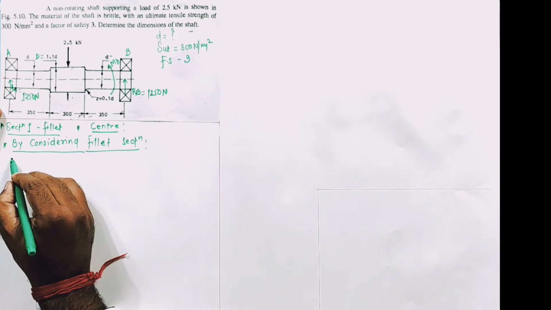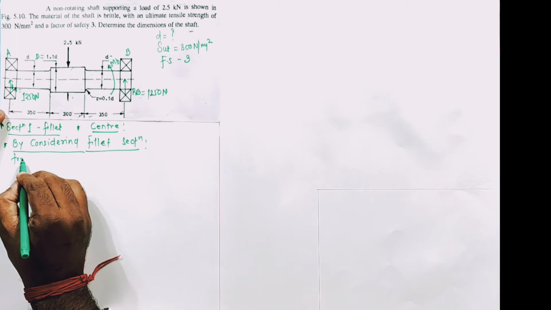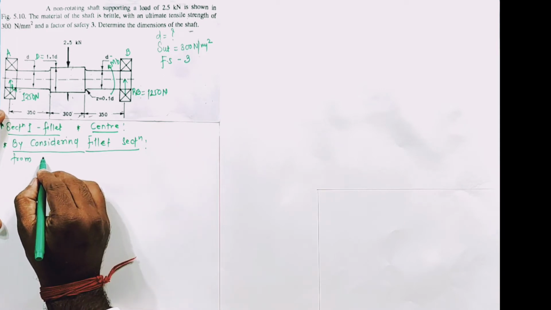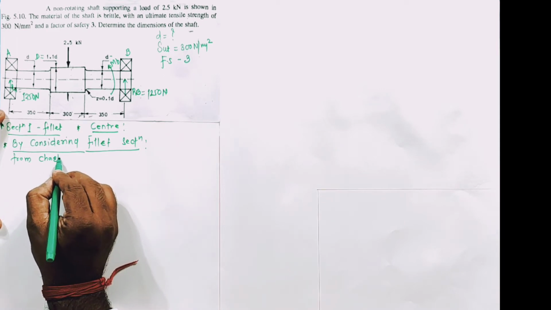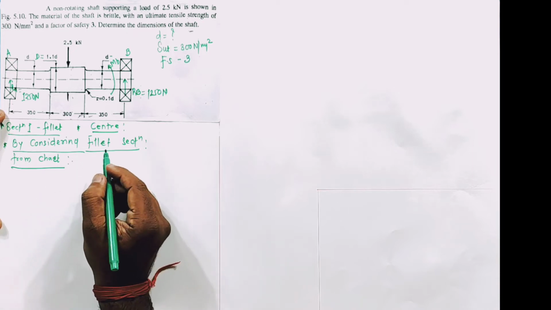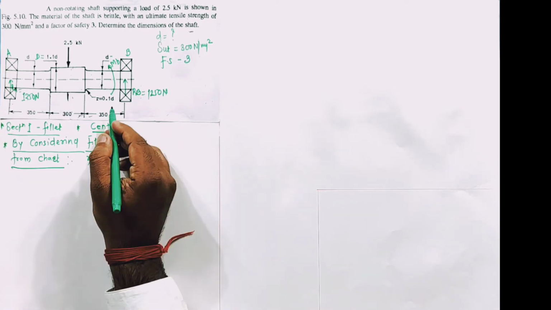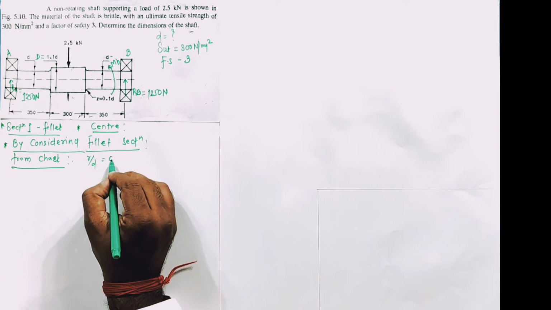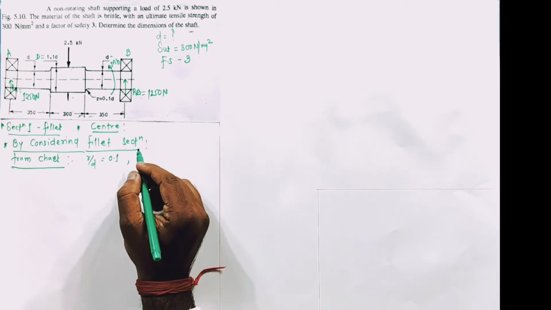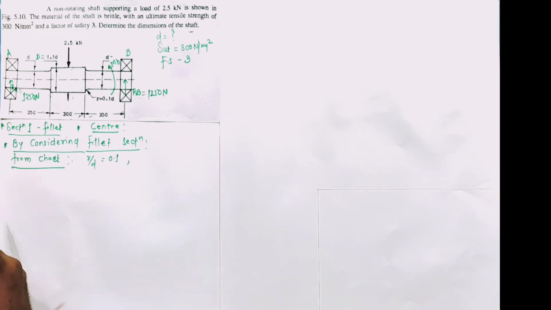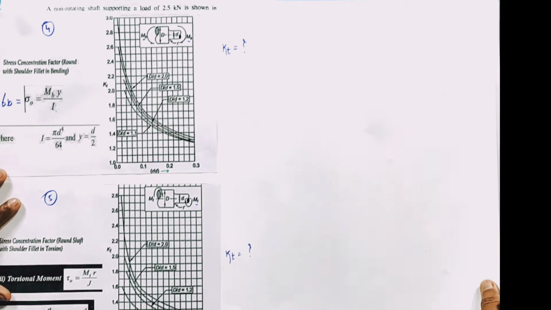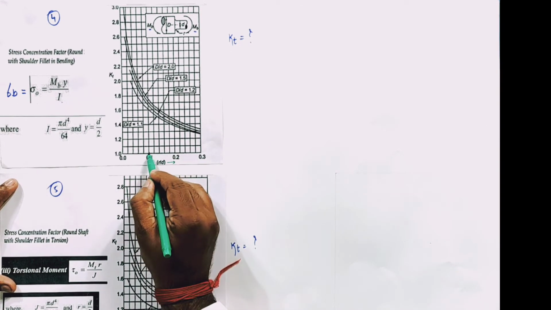R by D I am interested in from the chart. From the chart we are going to select KT. So R by D is nothing but, R is how much? See, 0.1. This is the first thing you can see on the graph. R by D, where is R by D? 0.1 here.